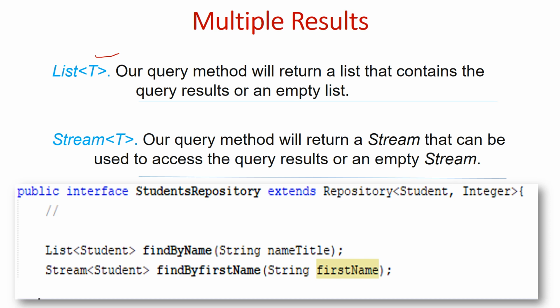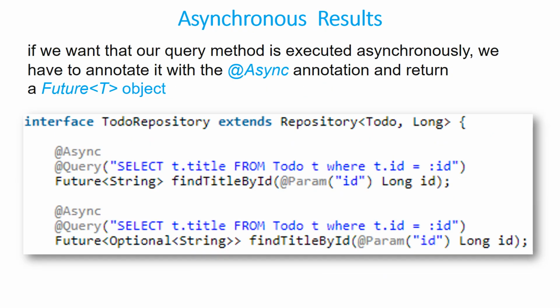In the second slide, these are asynchronous results. If we want our query method to be executed asynchronously, we have to annotate it with the Async annotation and return a Future type object. And this is the example. Here we show the Async annotation, that is Query, and this is Future String.